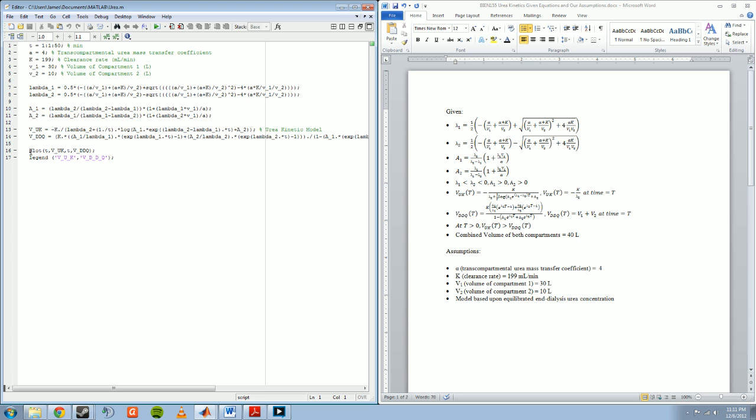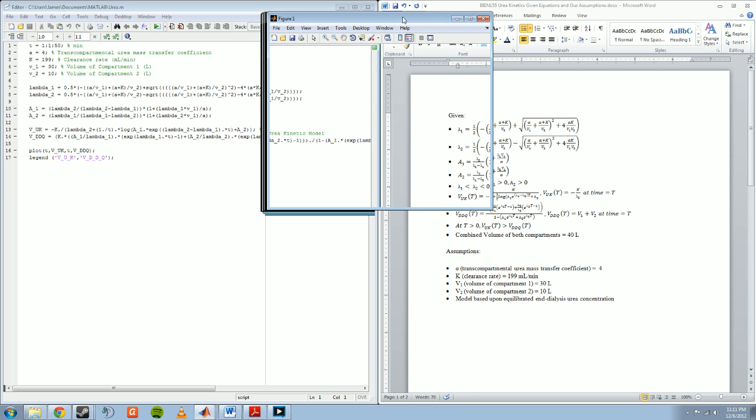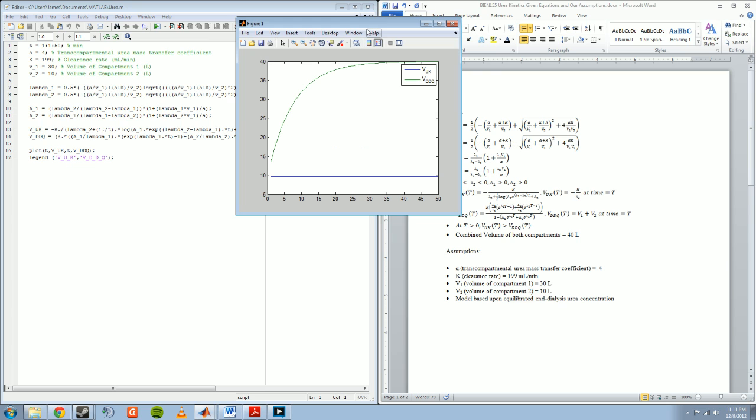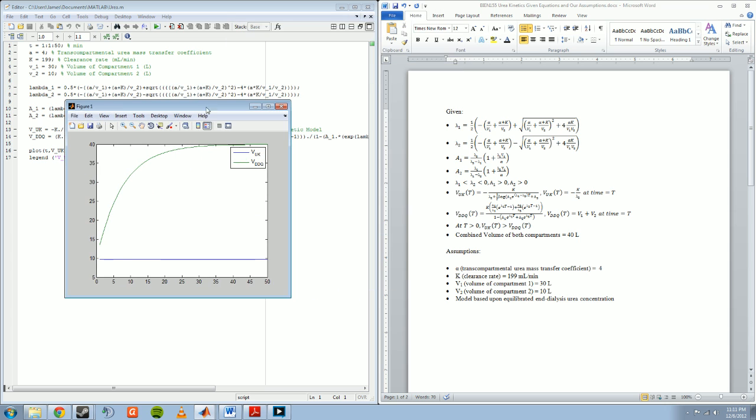The last part of the code allows us to plot the urea distribution volume over time from both the urea kinetic model and direct dialysis quantification model onto the same graph. The legend helps distinguish the two curves and labels them. After running the code, we end up with this figure. However, we will get back to that later.